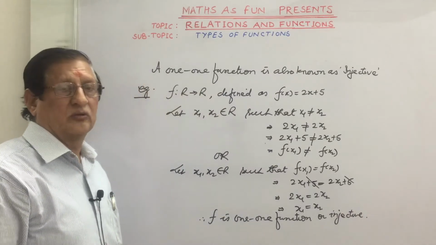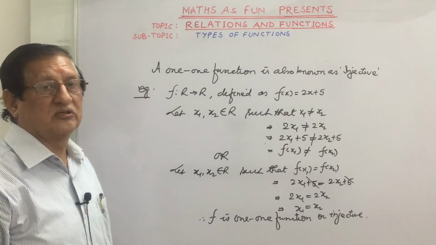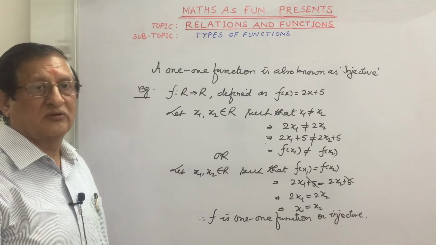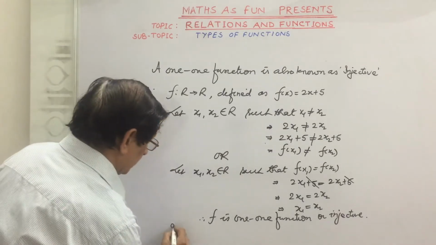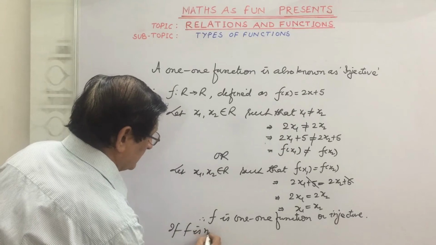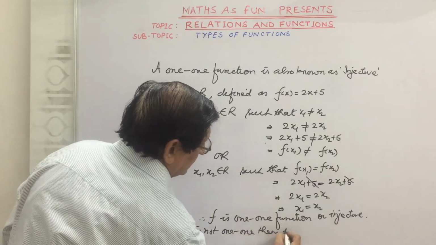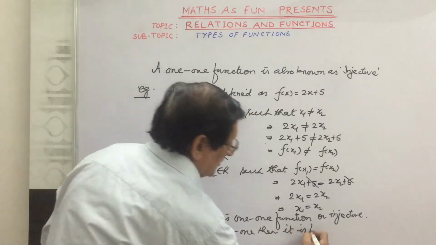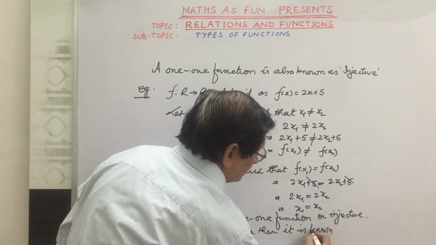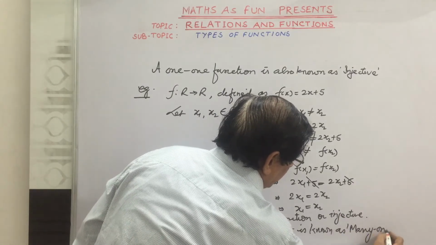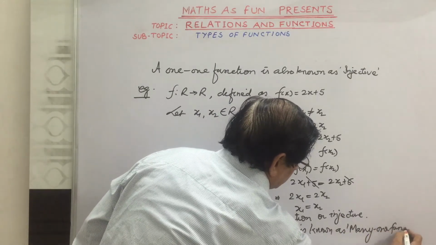Like this we can find out about any function whether it is one-one or not. And I told you, if a function is not one-one, it is many-one. If f is not one-one, then it is known as many-one function.